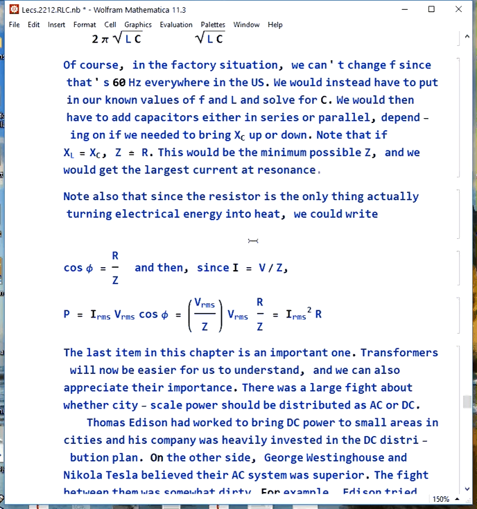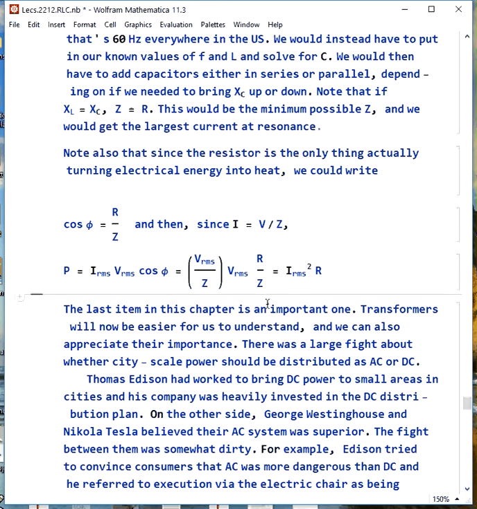So kind of interesting. We can do without the Z cosine phi because that's really just R. This is the only place energy is being turned from electrical to heat.